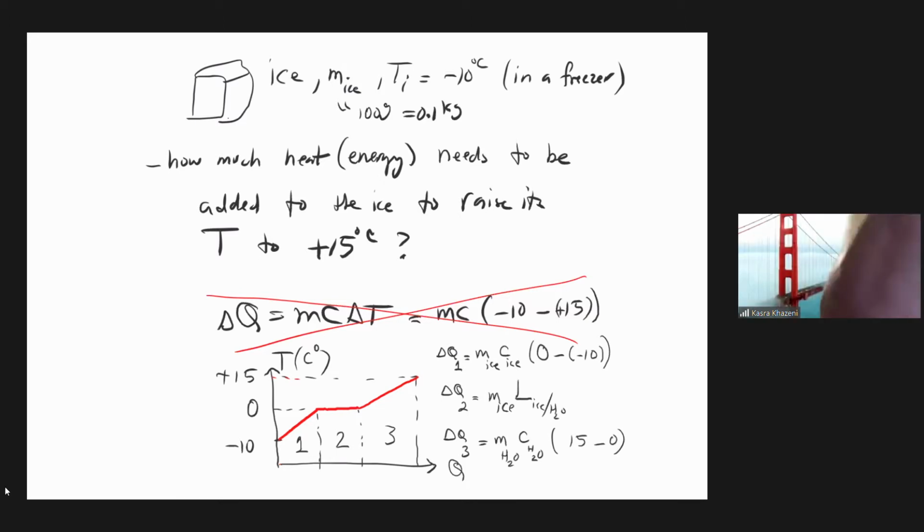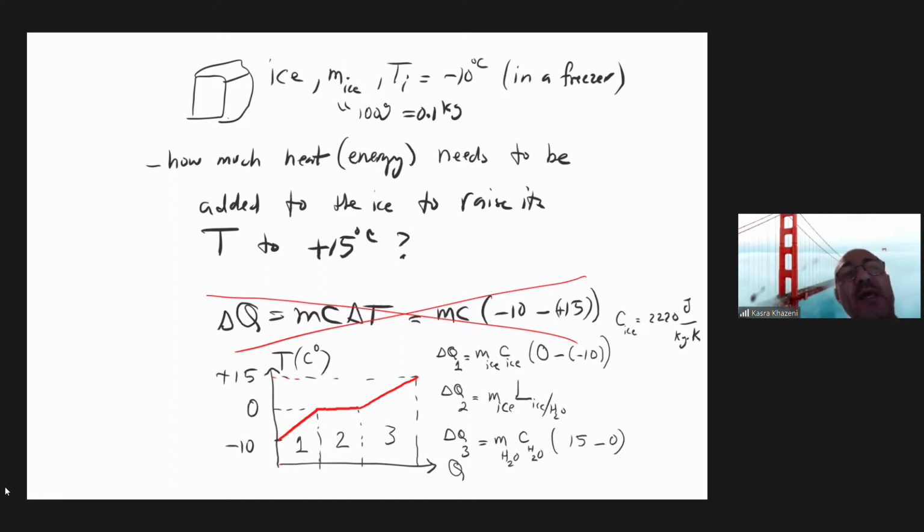And of course, let me see if I can find the values for M of the ice so we can actually carry on with this calculation. C of ice is, well, I'll let you calculate this, but I'm just going to write down what this is. C of ice is 2220 joules per kilogram times Kelvin. Now, of course, per Kelvin is the same as per centigrade because the divisions are the same.